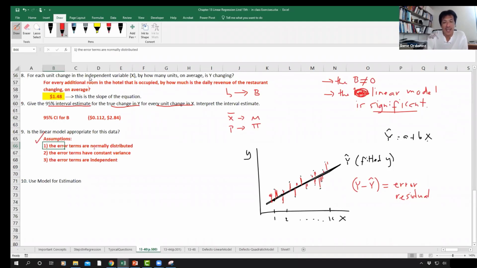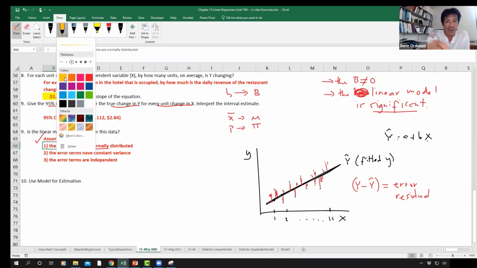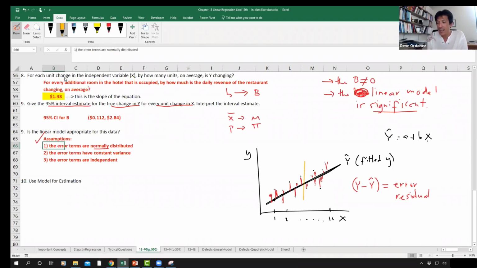The first one says that if you're looking at a particular X value, say over here, the distribution of the error terms at that X value will be bell-shaped. You see this like an orange or yellow shape. It's the normal distribution rotated to the right. Okay, so that would be the normal distribution assumption.